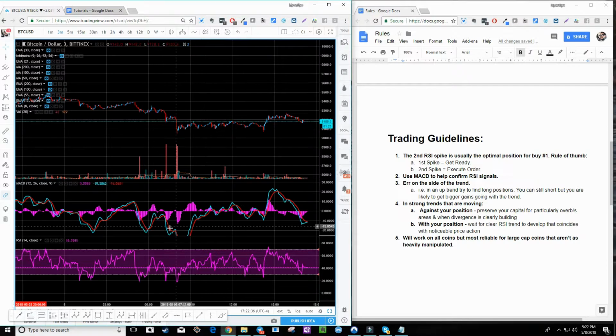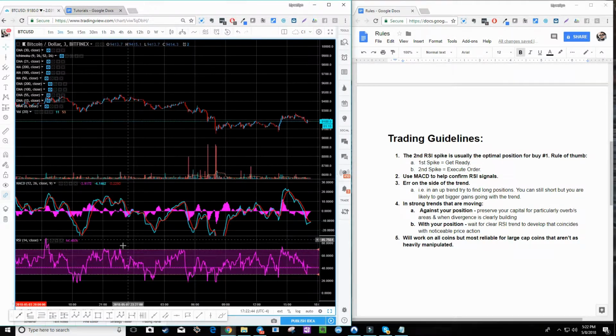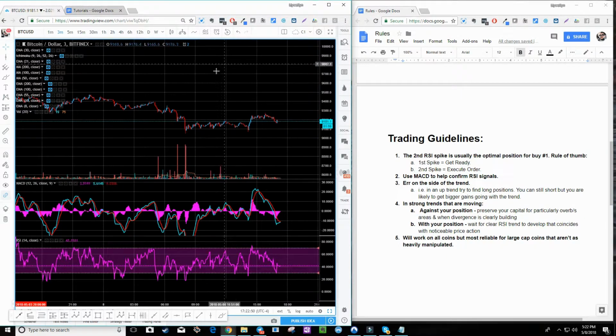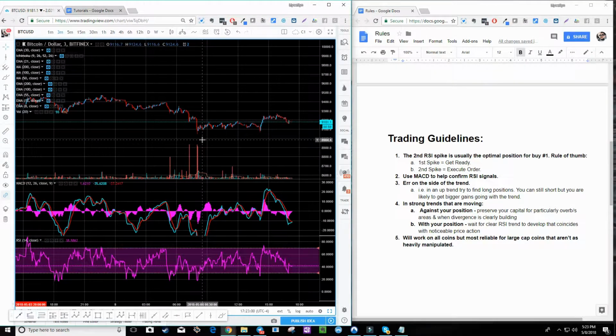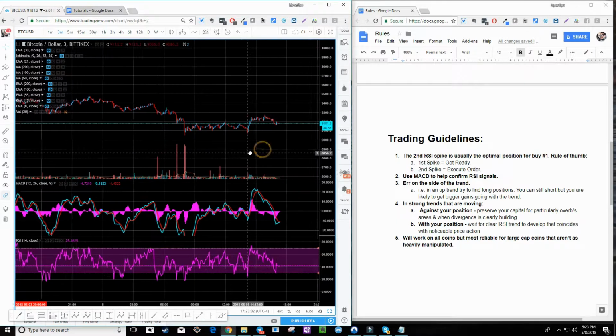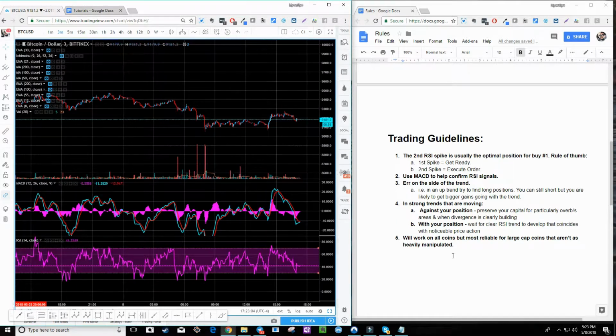Basically, you may not get the double spike into that zone in a strong uptrend. And likewise, if you're trying to short, RSI can stay up in the overbought region while price moves up before retracing. So it's something to be cognizant of. Obviously, the direction of the trend, and if you can sync up with the trend, that's always going to be in your best interest, no matter what your strategy is.